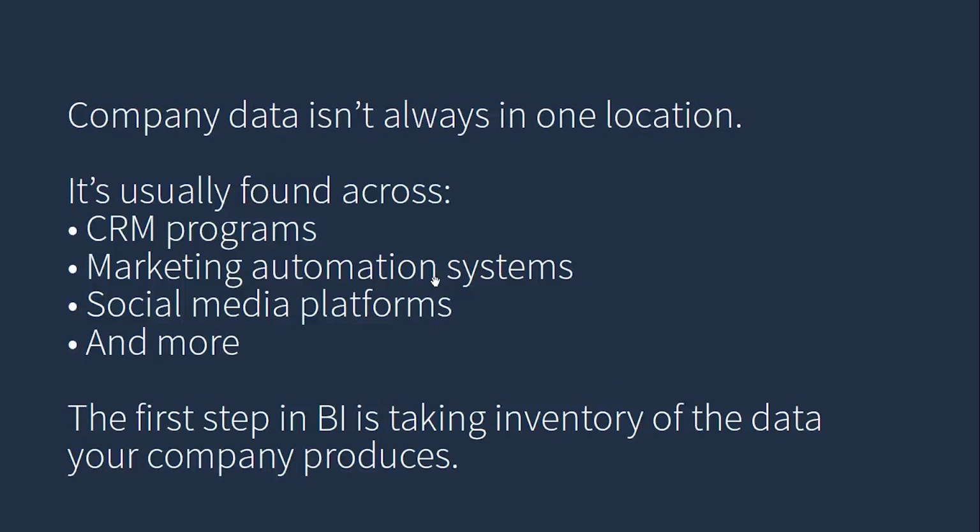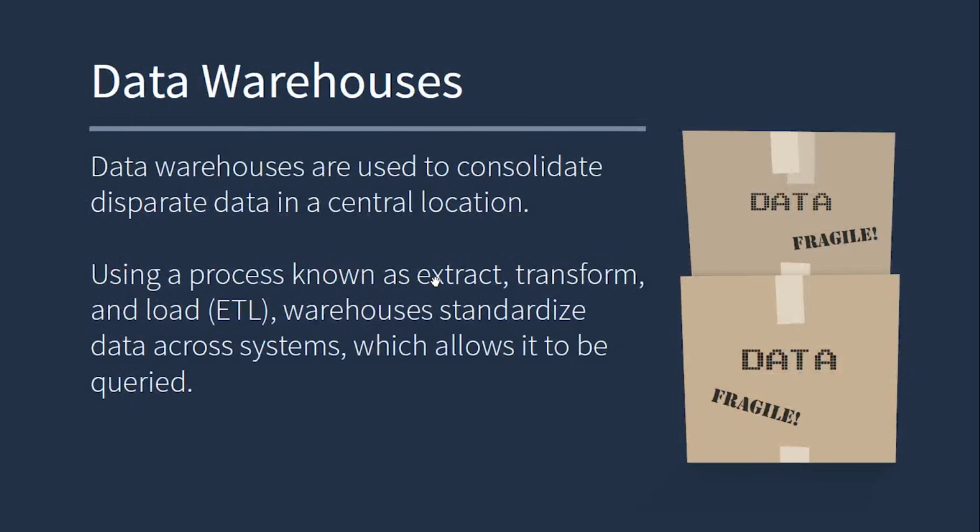You'll have information from your customers, such as consumer sentiment or reviews in social media platforms. And those are just a few of the places where you could find data. So the first step for companies looking to implement business intelligence is in taking inventory of that data, finding all the different sources, and figuring out how you can analyze them all, how you can cross-reference them.